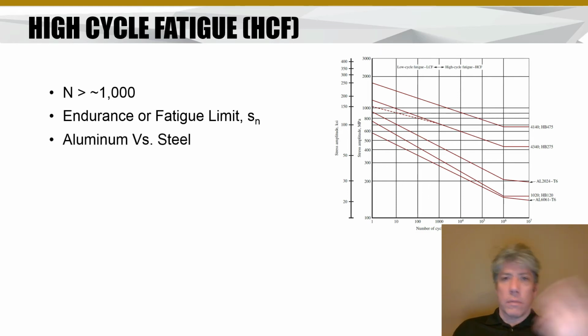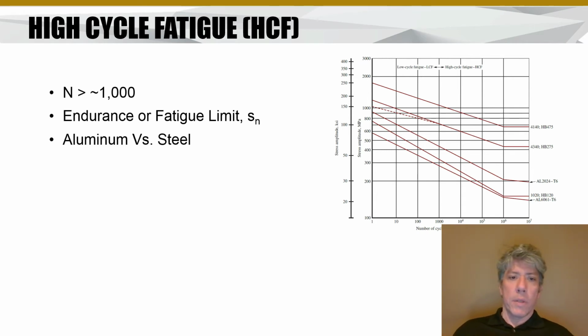Of course, for steel you can say that, but for aluminum you can't, because aluminum still will tend to accept lower and lower stresses at higher and higher numbers of cycles without failure. So you have to derate the stress at higher cycles for aluminum.